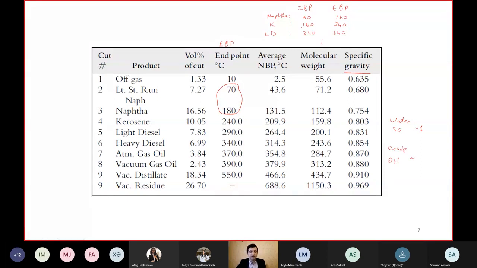There can be light crude oils or heavy crude oils, but in Baku refinery we have around 0.875. So it is somewhere in between atmospheric gas oil and vacuum gas oil. When you separate the light products from the heavy products, the density distribution looks like this.